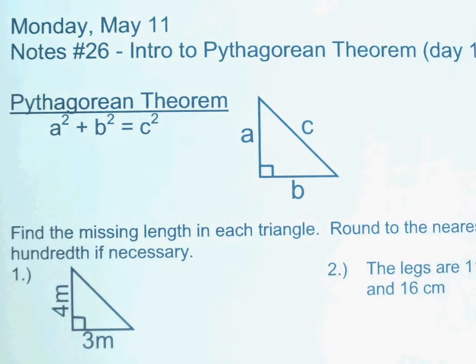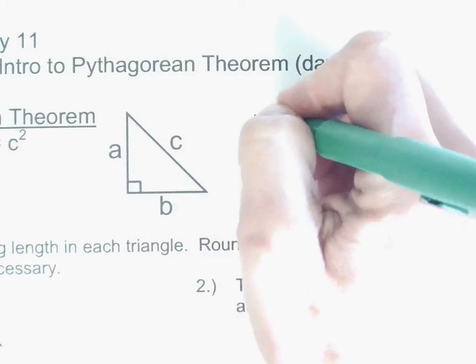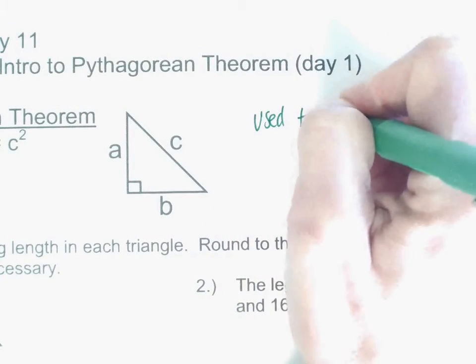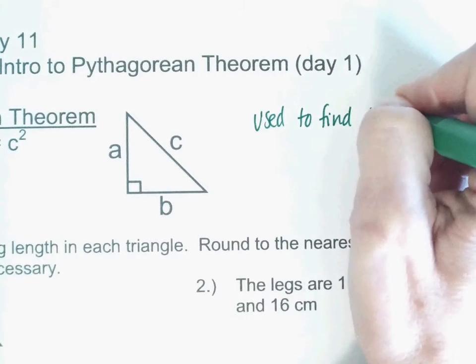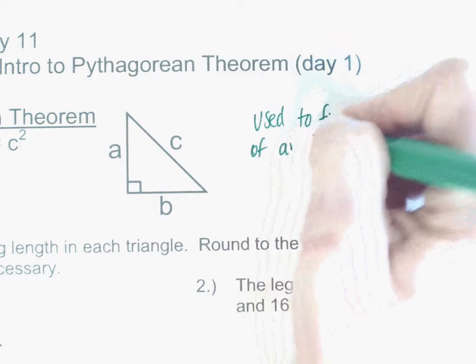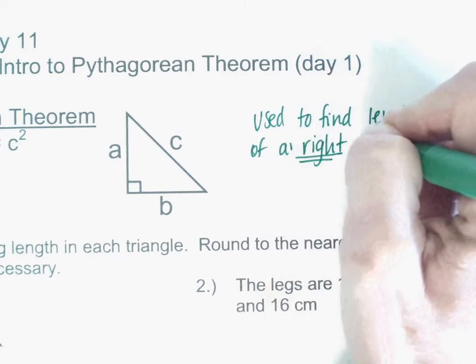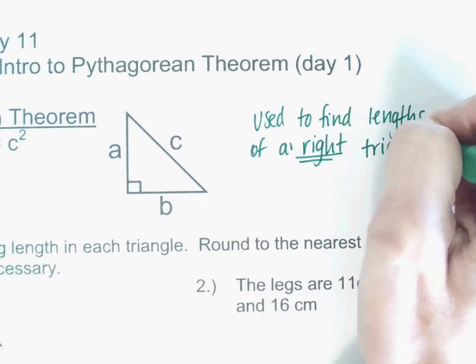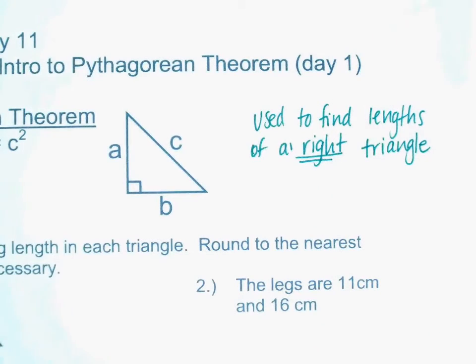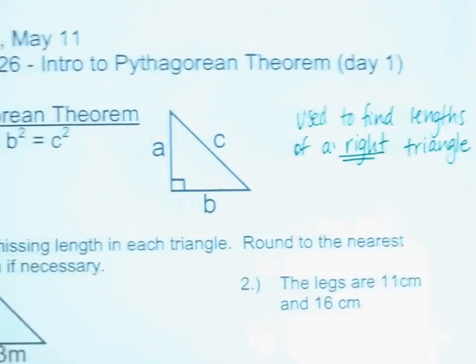Now, the Pythagorean theorem is used to find the side length of a right triangle. Not the angles, the lengths, and it has to be a right triangle. So you have to see that right angle in there.